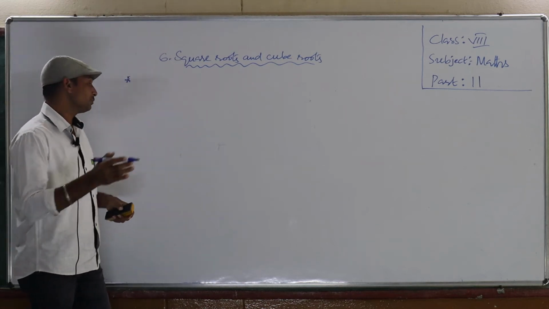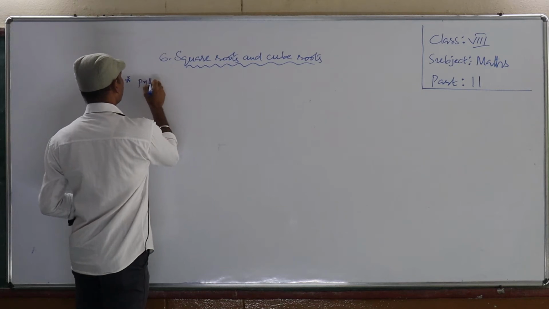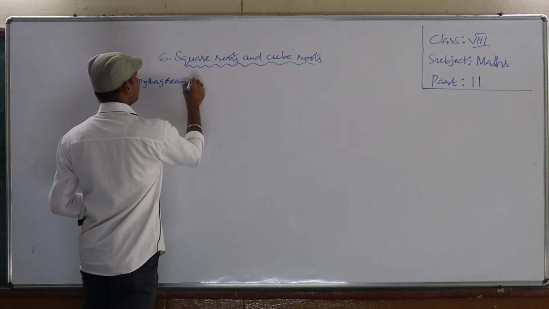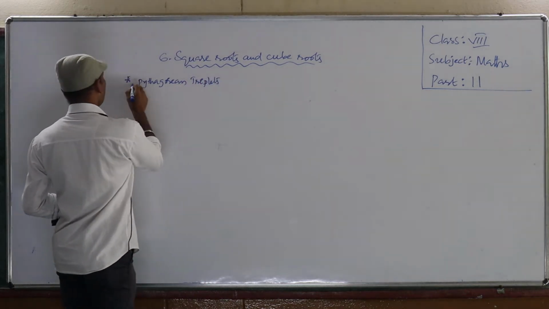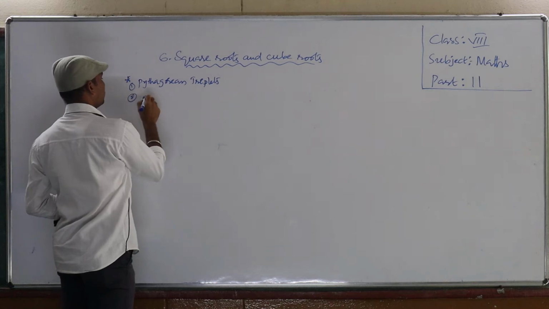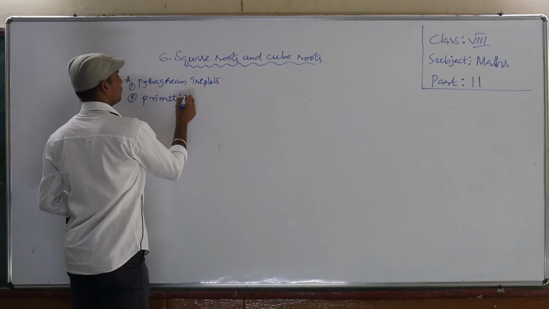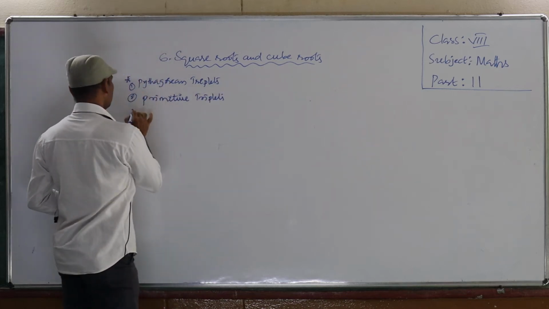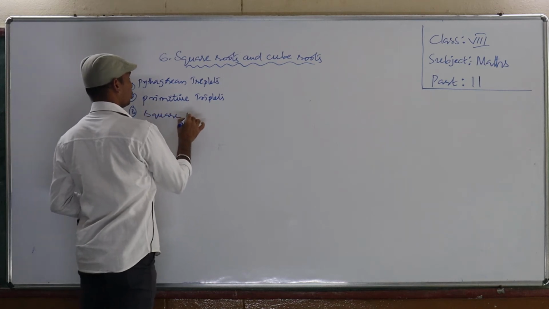Before that, we already know about Pythagorean triplets, and second, primitive triplets, then square root.